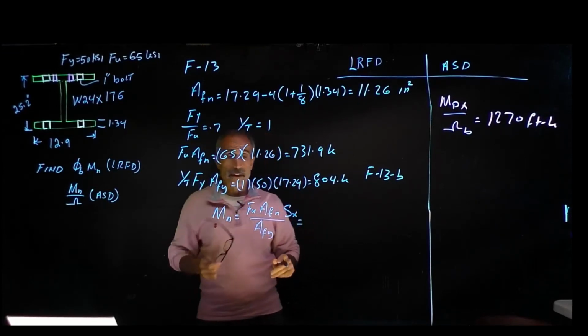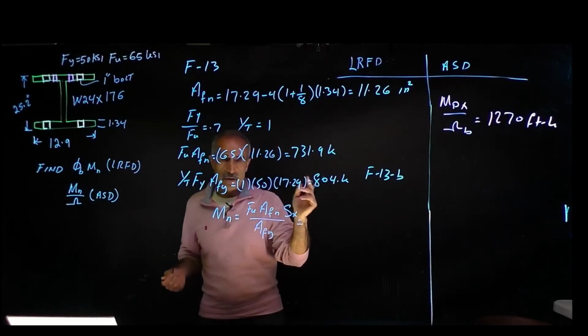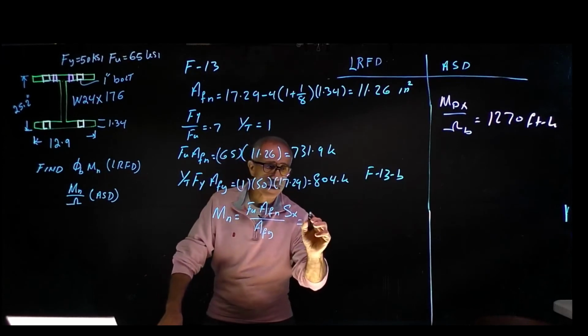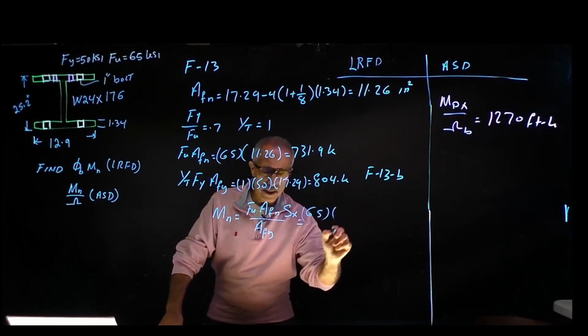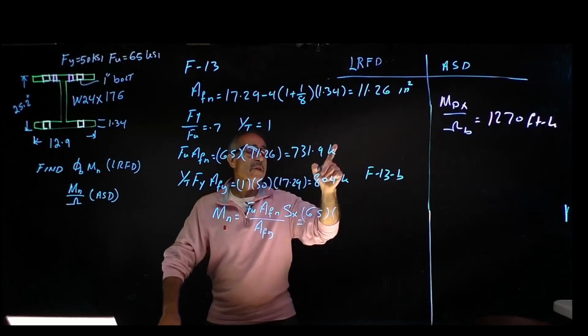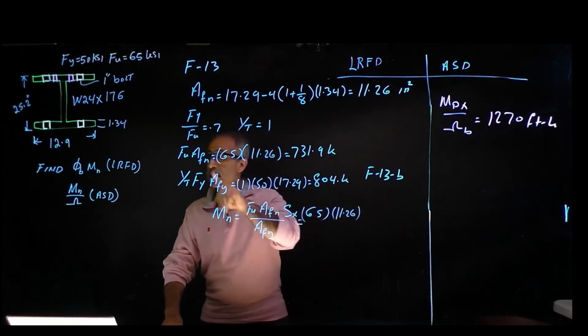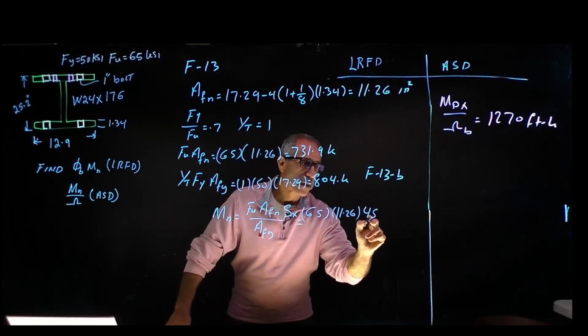And you know that SX from table 1, we have everything right there, so let's go ahead and fill it in. I got 65 multiplied by 11.26, and multiplied by SX from table 1, it came out to 450. That's an inch cube.